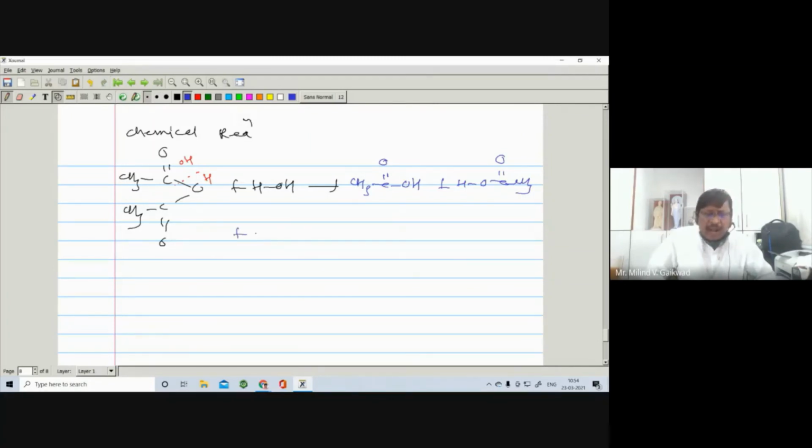Similarly, if you add ammonia, NH3, there is the addition of NH2, and here is an H, right? So you get CH3 C=O NH2, an amide, plus CH3 C=O OH, a carboxylic acid.